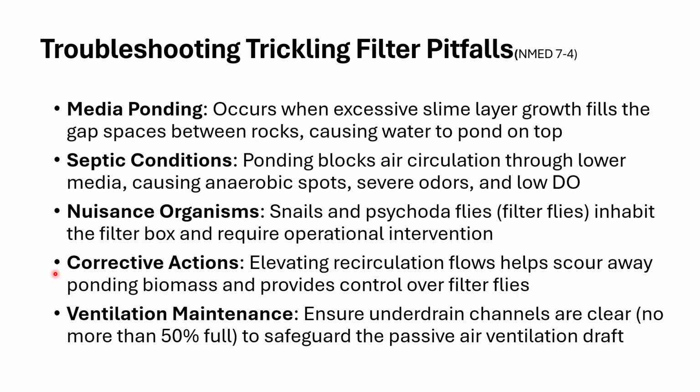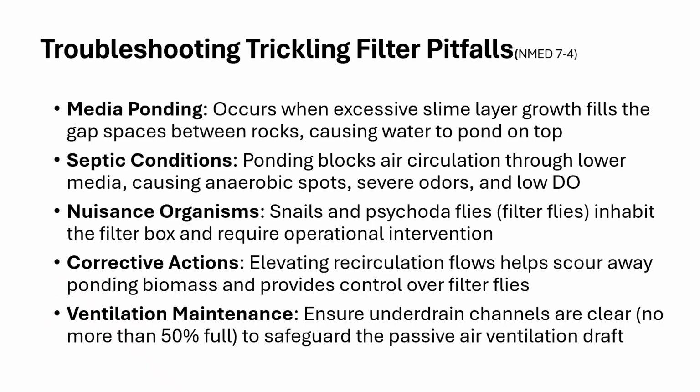So yes, increasing the recirc rate is going to have a higher pressure spray, and we are in certain areas going to want to clean up those voids or strip away that snot layer, that biological layer. So if we kick up the recirc rate, we're going to scour and clean off that biomass, and we can control the ponding, we can control the septic conditions, and we can also control the flies. We can get rid of them.